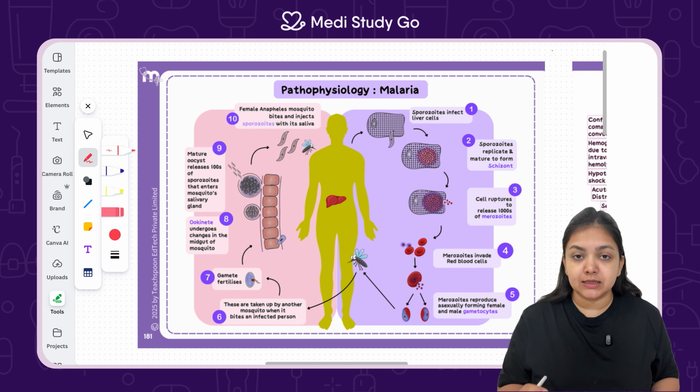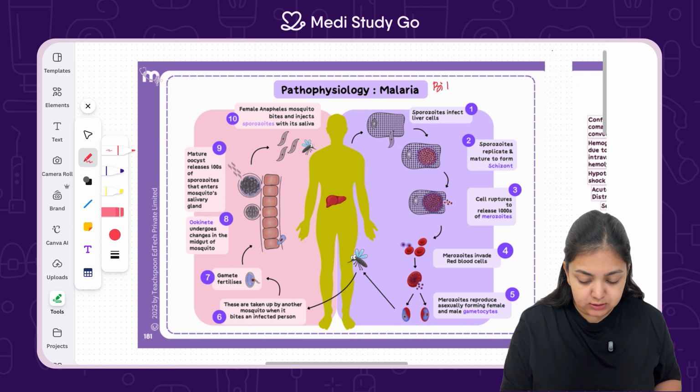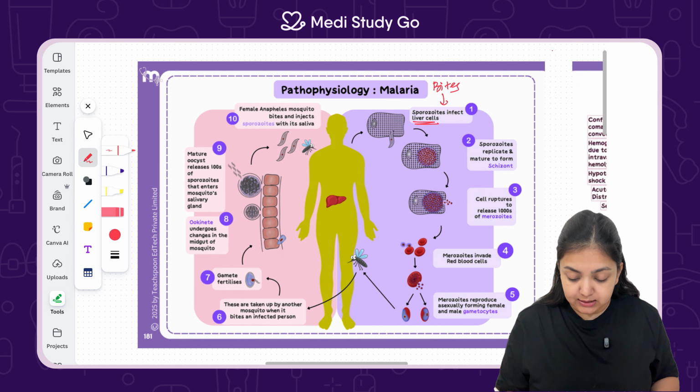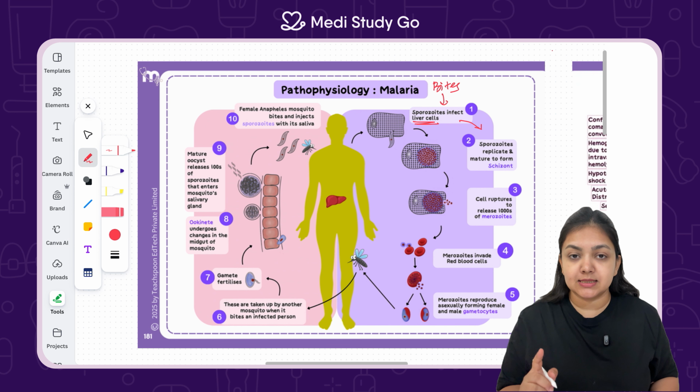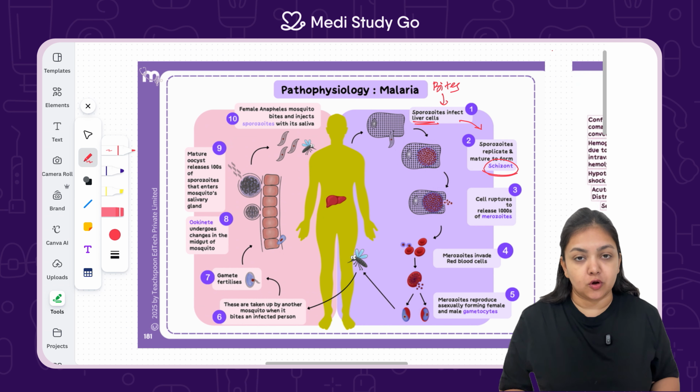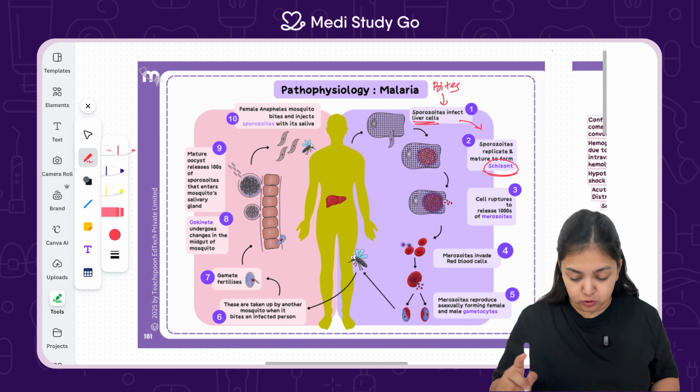When the mosquito bites the human, the sporozoites enter the bloodstream and reach the liver because they have an affinity for the liver cells. In the liver cells, the sporozoites get replicated and mature to form a schizont. So the second stage here is the schizont and the first stage is the sporozoite.